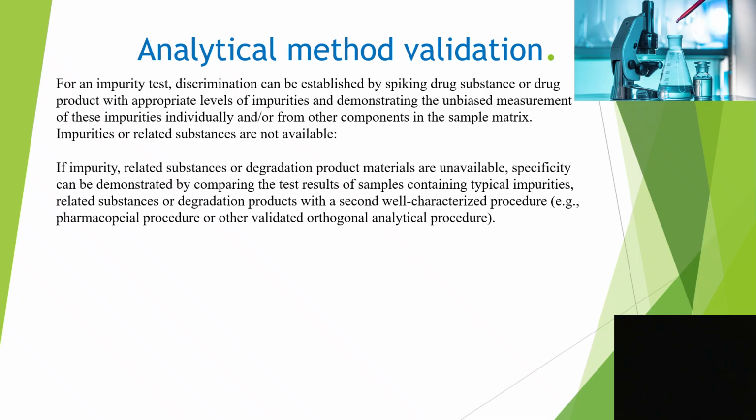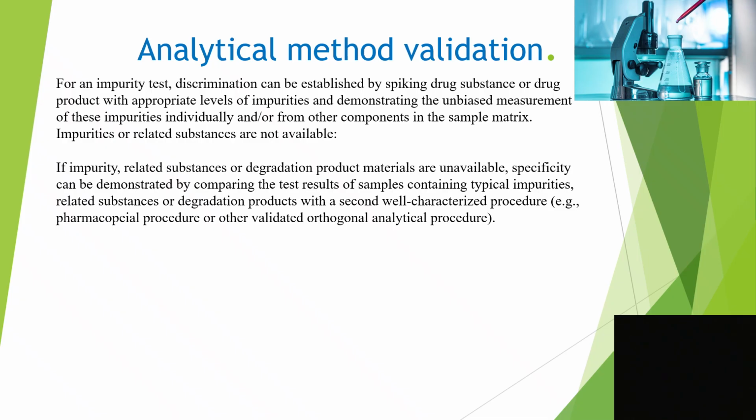If impurity, related substance or degradation product material are unavailable, specificity can be demonstrated by comparing the test results of the samples containing typical impurities and related substances or the degradation products with a second well characterized procedure.